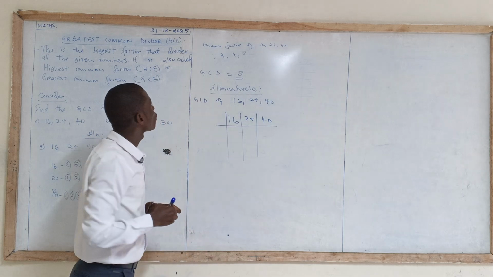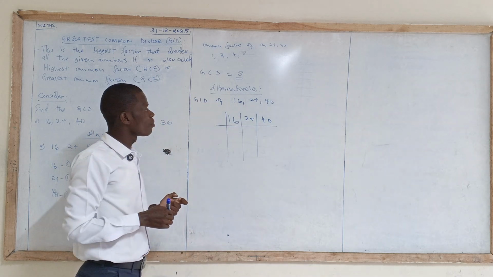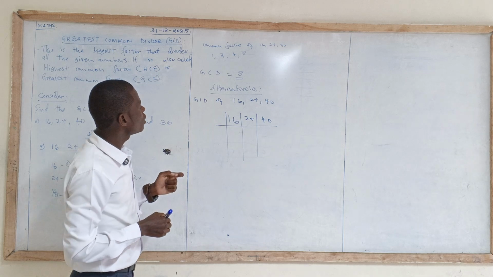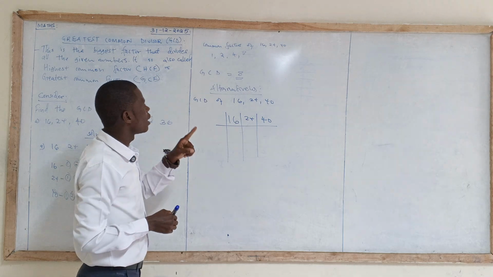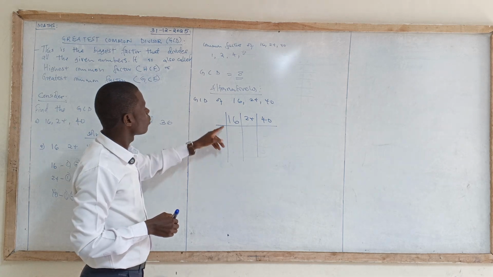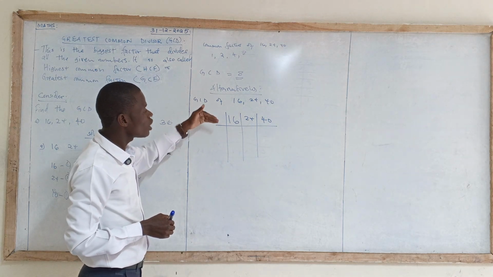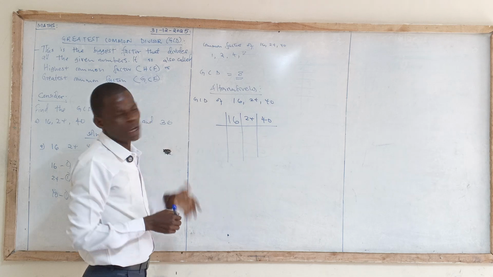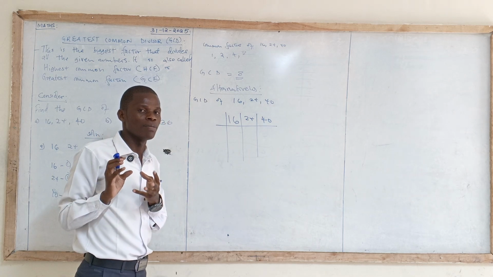Since we're dealing with a factor that is common, we need to ensure that we list these factors starting with the smallest factor. So we are going to use the prime numbers.